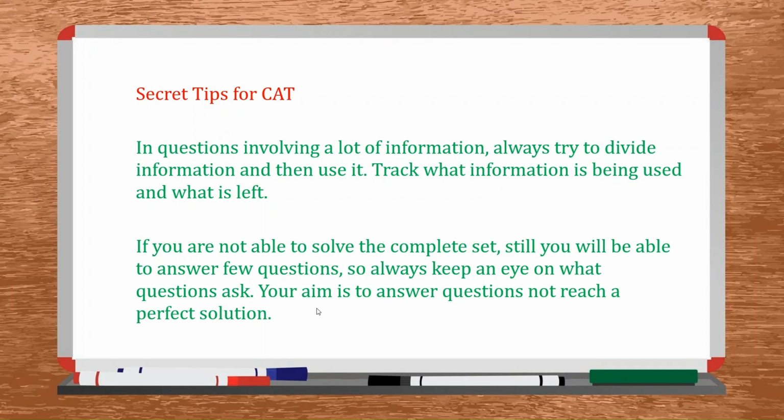Keep an eye on what is asked, because even if you're not able to solve the set completely, as we see, the first question was, what did Rini score in the projects? That was easily understandable and easily solvable. So you need not solve the complete set to answer some of the questions. So if you're spending some time, then definitely answer a few questions and then move ahead. And if you're able to solve the problem completely, then well and good.